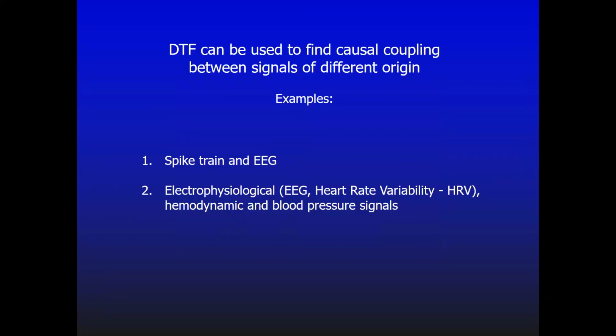Now, I would like to point out that the DTF can be used to find causal coupling between signals of different origin. Two examples: spike train and EEG, and different electrophysiological signals, that is EEG, heart rate variability, hemodynamic, and blood pressure signals.